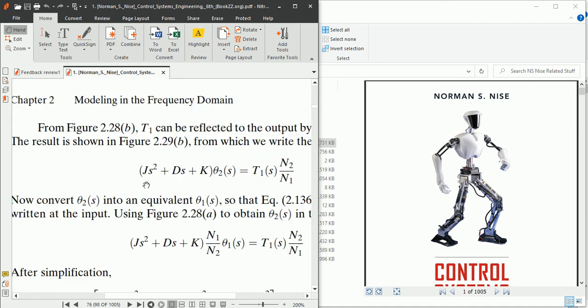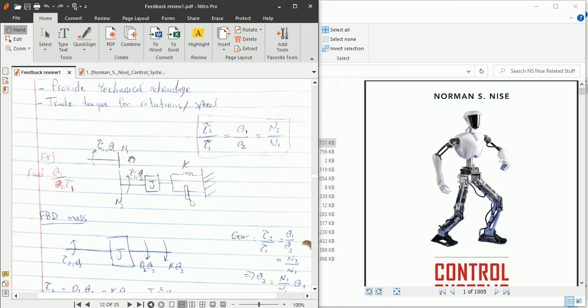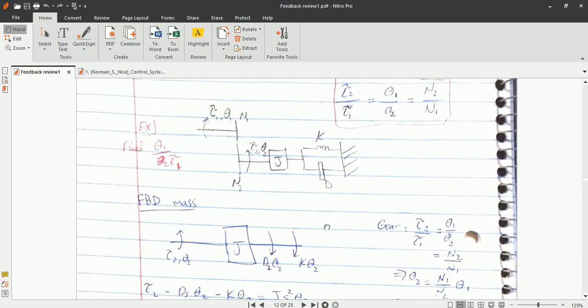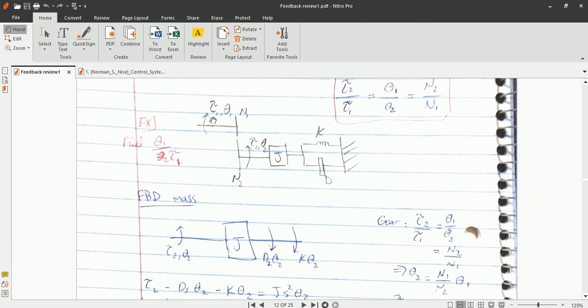Now I open your notes here, you can see it clearly. Here theta 1, tau 1, N1, here theta 2, tau 2, N2, K, D. So here you have the free body diagram.